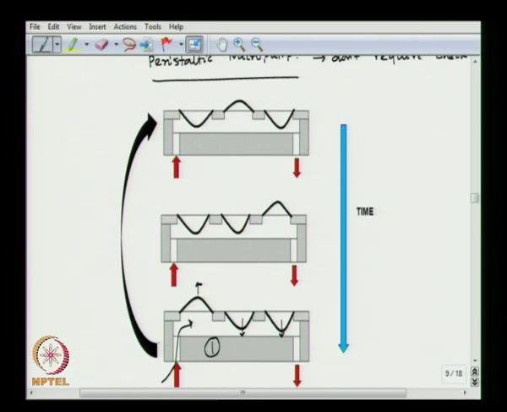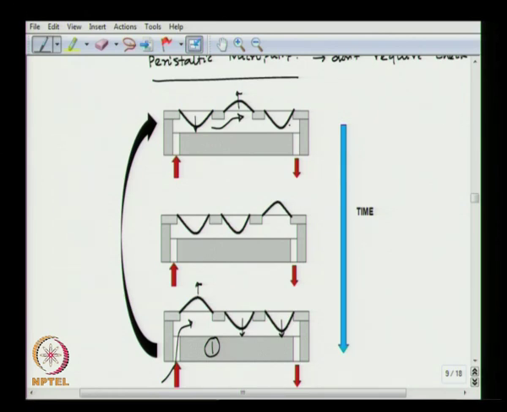In the next stroke, the liquid has already come in here, this membrane will go down, and the second membrane will go up. So, the liquid that has come in from the inlet will pass on to the second chamber, and at the same time the third membrane is going down, so the liquid cannot escape.